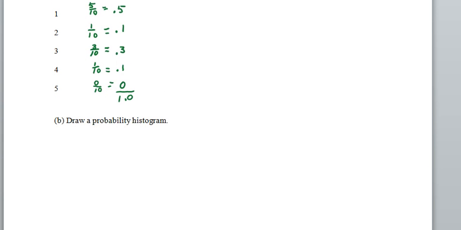So now when we draw the probability histogram, the numbers from 1 to 5 go on the horizontal axis, and we think about them having width, each number having width 1.